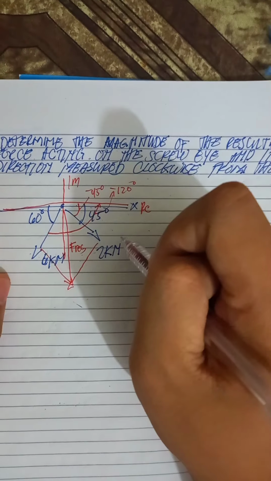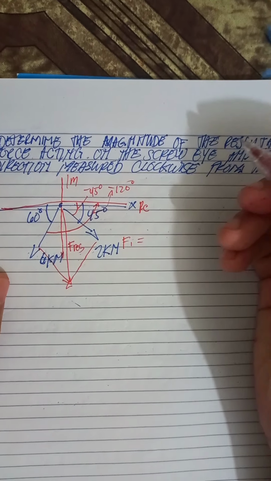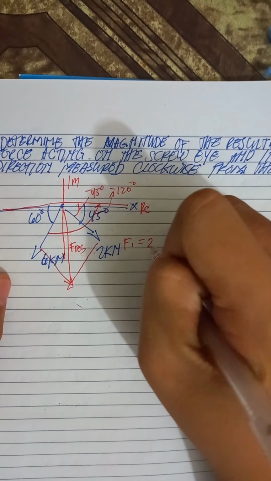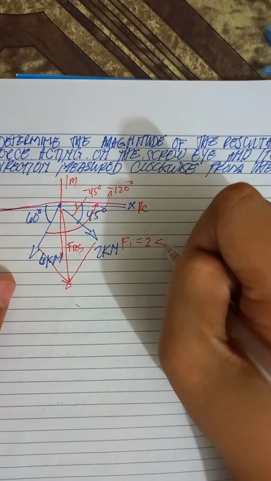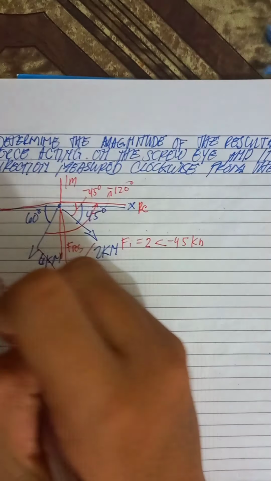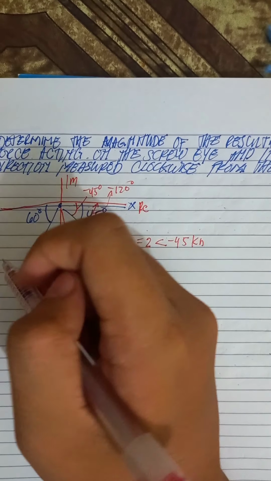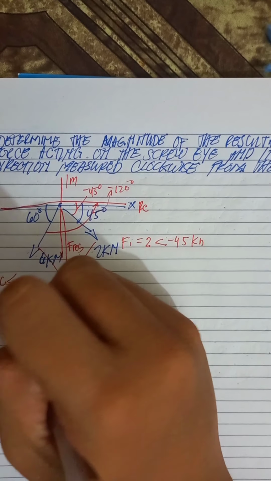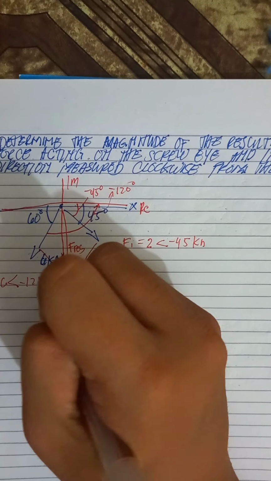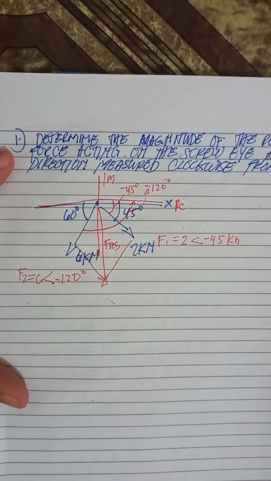Angle F1 is equal to 2 angle of negative 45 kN, F2 is 6 angle of negative 120 degrees.